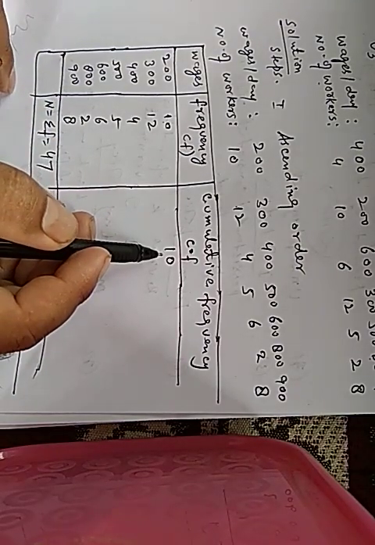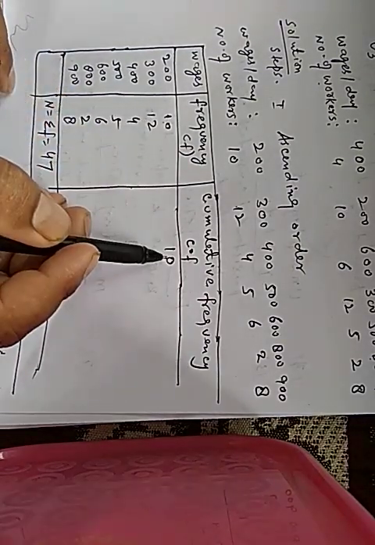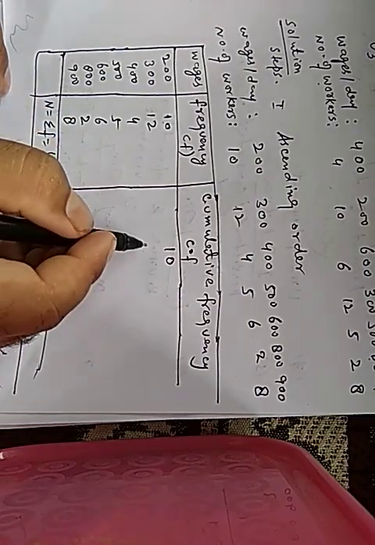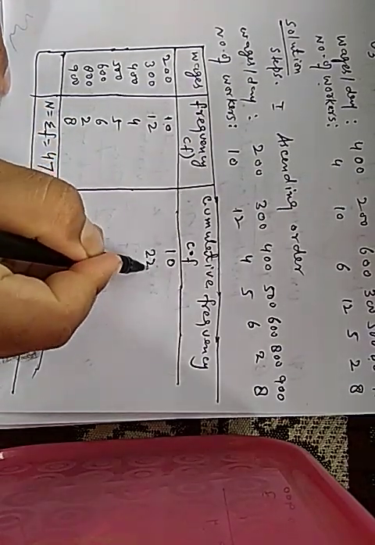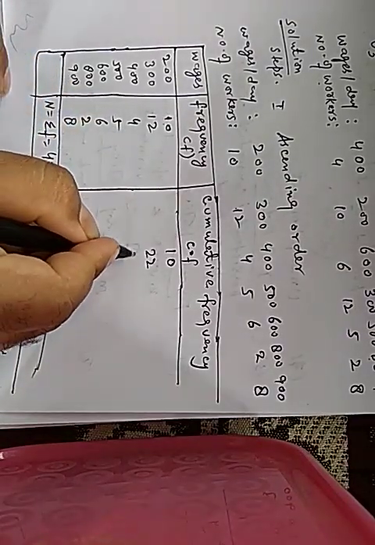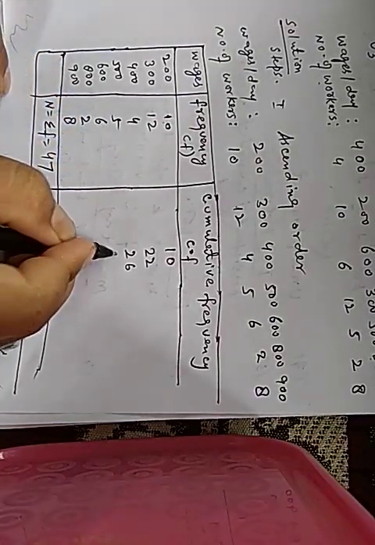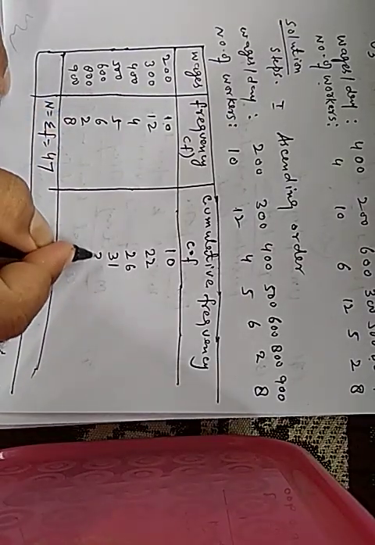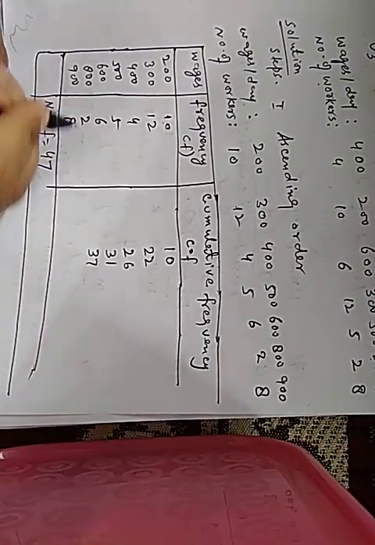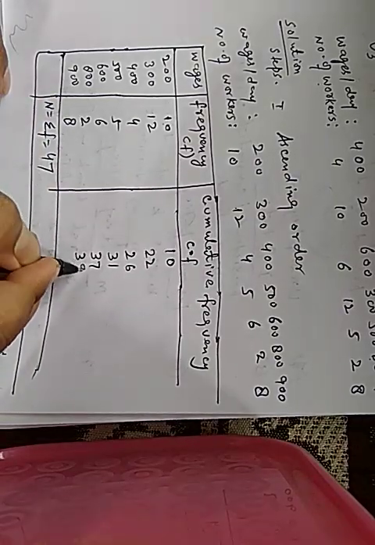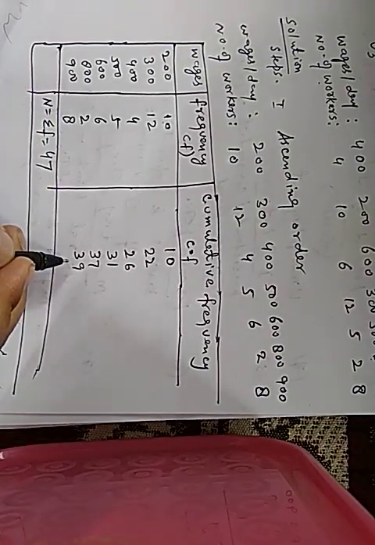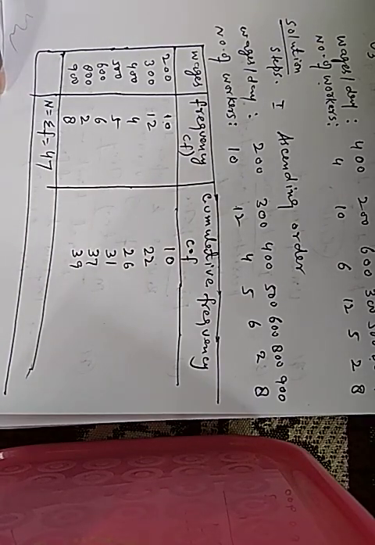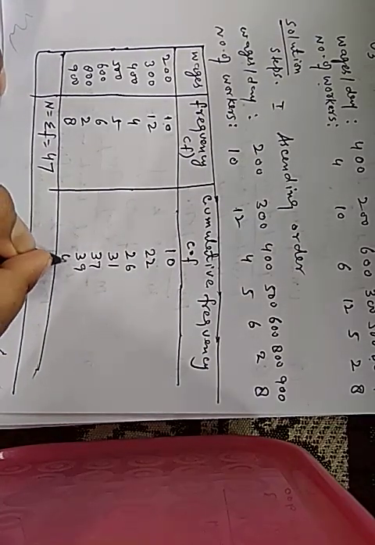Then we add 12 to this cumulative frequency 10. 10 plus 12 equals 22. 22 plus 4 equals 26. 26 plus 5 equals 31. 31 plus 6 equals 37. 37 plus 2 equals 39. 39 plus 8 equals 47.